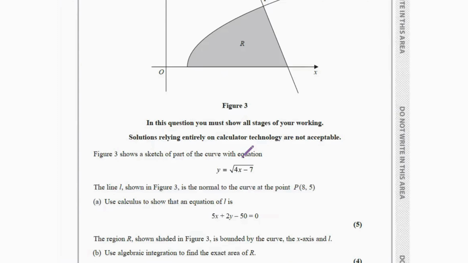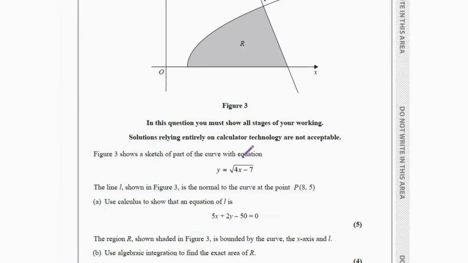So we know that the gradient of the curve is the same as the gradient of the tangent. But it's not the same as the gradient of the normal. Why? Because the normal and tangent are at right angles to each other. They're perpendicular.